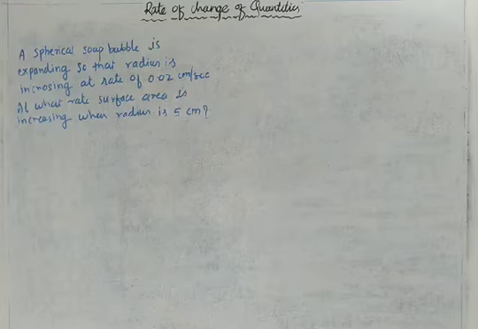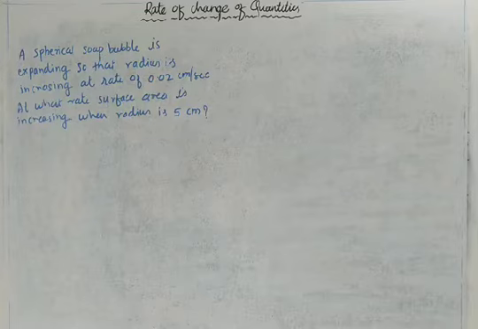Okay, so now in this example, see what is given: the spherical soap bubble is expanding so that the radius is increasing at the rate of 0.02 centimeter per second. So at what rate is the surface area increasing when the radius is 5 centimeter?